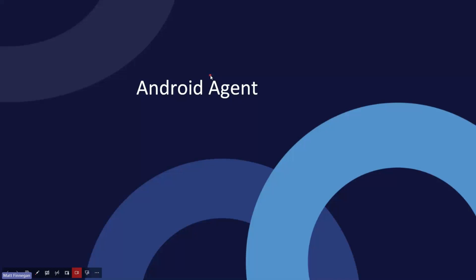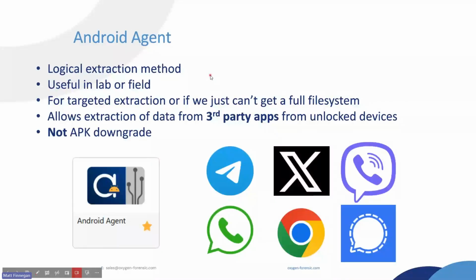So I have one or two more extraction methods that I would like to talk about before I go into some of the analytics in Detective. And one of those extraction methods is actually called the Android agent. Now, this is a logical extraction method, and I will say that I never liked doing logical extractions.